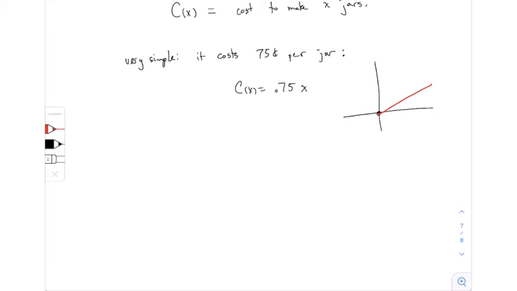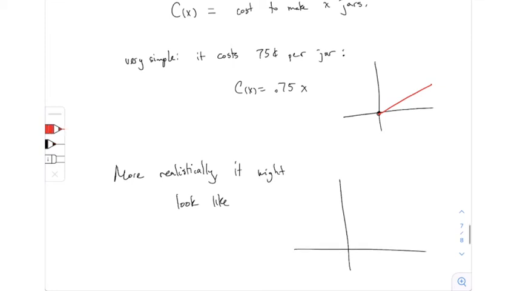So maybe more realistically, it might look something like this. Rather than starting at the origin, it might start up here and do something like that, where it asymptotically approaches that same line.